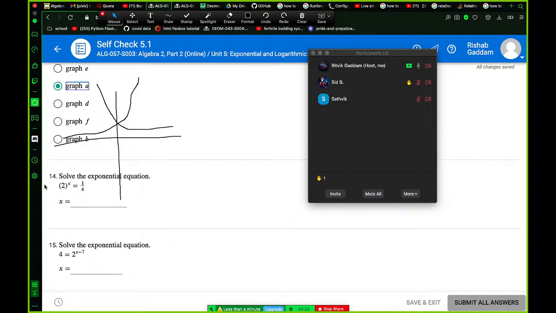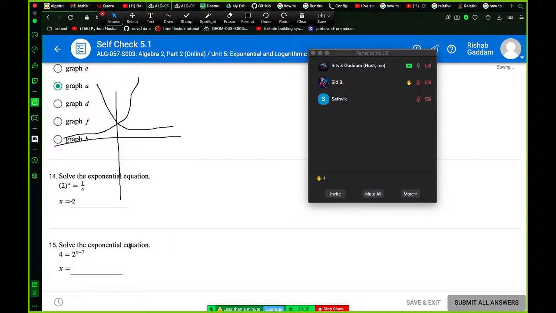Okay, the meeting is about to end, so let me just do this one. Obviously this is going to be -2, because this is a fraction, so it has to be a negative number, and there's a 4 on the bottom, so 2 squared equals 4. So it's 2 to the power of -2.